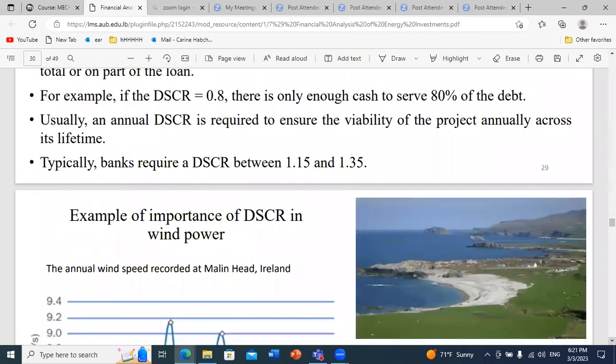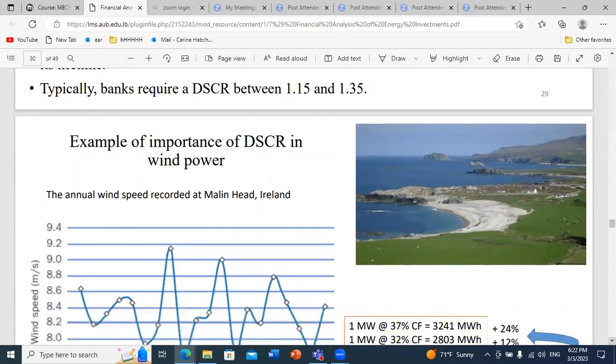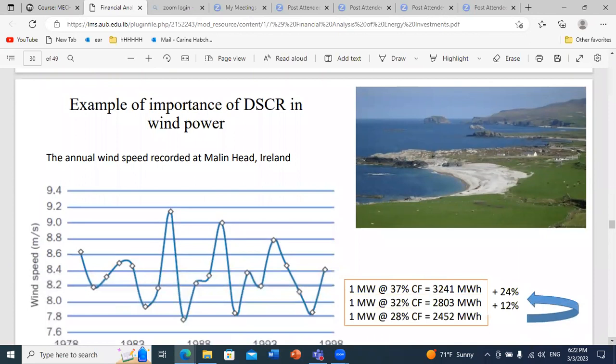So, for example, let us consider the importance of DSCR in wind power. Let's say we are doing a wind power investment.